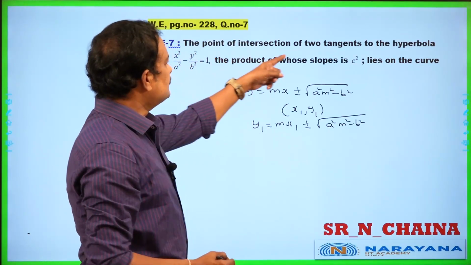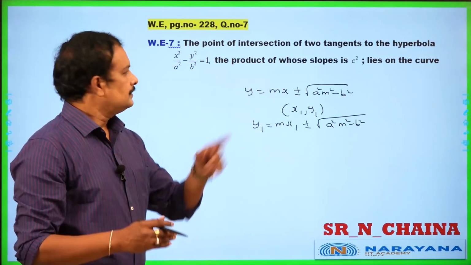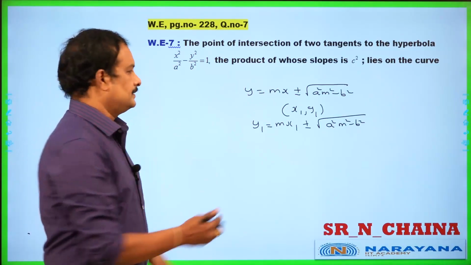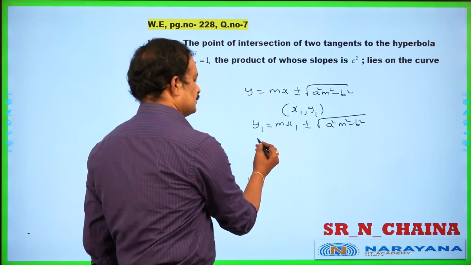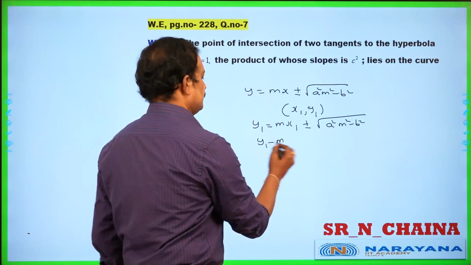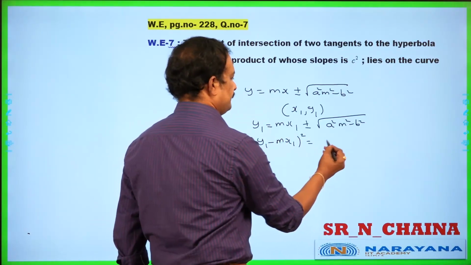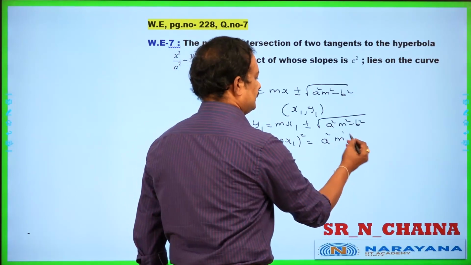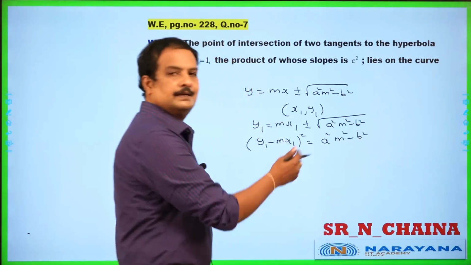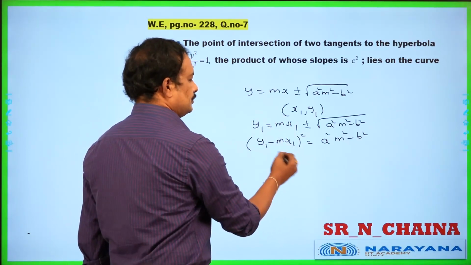What is the requirement here? The point of intersection of the two tangents to the hyperbola is given in such a way that the product of the slopes is c square. So when you bring it to this side and square it on both sides, we are going to get a quadratic in m. So y1 minus mx1 whole square is equal to a square m square minus b square. Collect the coefficient of m square.